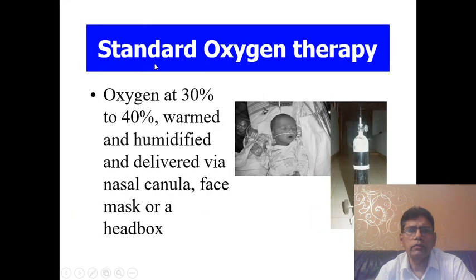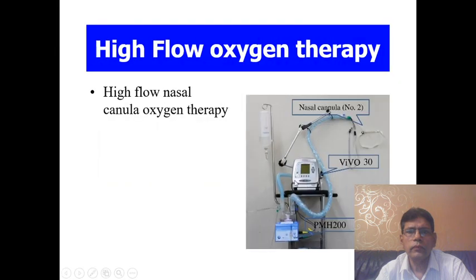It can be given through standard oxygen therapy, oxygen at 30 to 40%, warmed and humidified, delivered via nasal cannula or face mask or head box from a cylinder. And if the child is severely distressed, you can go for high flow oxygen therapy.